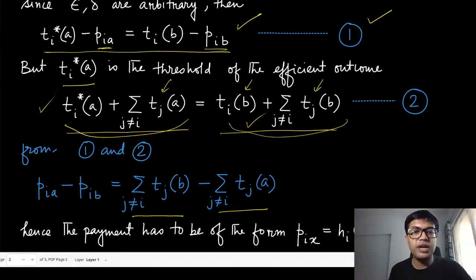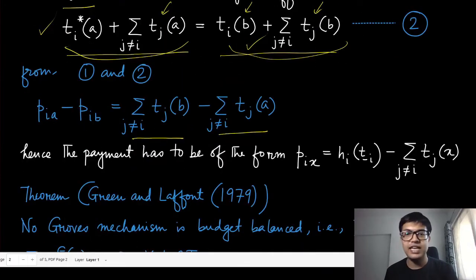And this should remind you of something very similar that we have done in the Groves payment class. So Groves payments were such that this equality should get satisfied only when you have this kind of structure in the payment, which has one component which might not depend on Ti at all, and a second component which depends on all these agents.